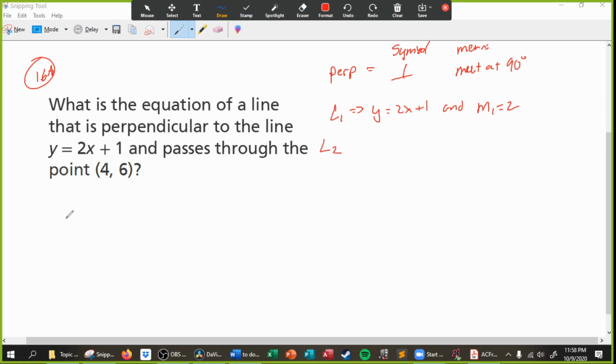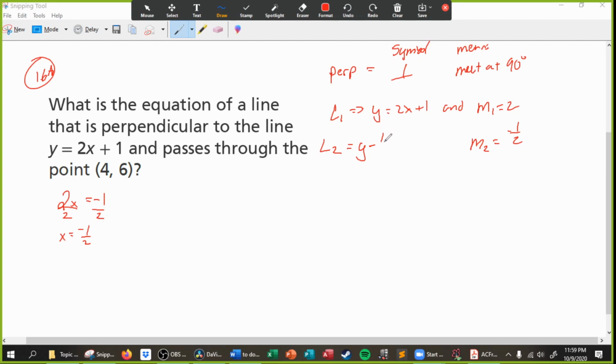So we have to ask ourselves, 2 times what number equals -1? Divide by 2 both times, and we get x equals -1/2. So I know my perpendicular slope is this.